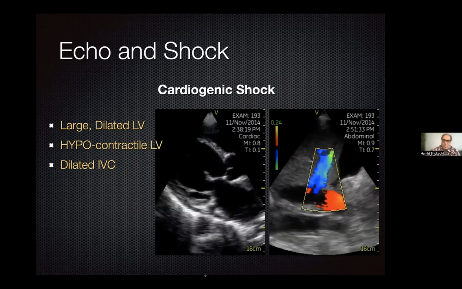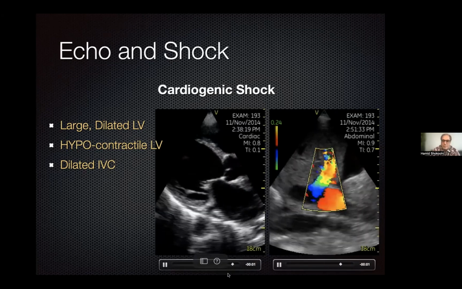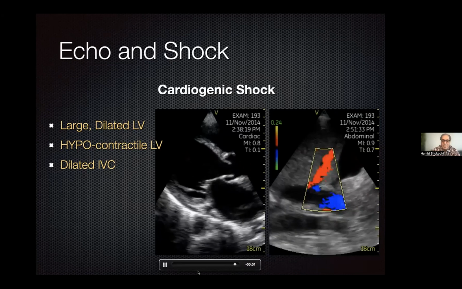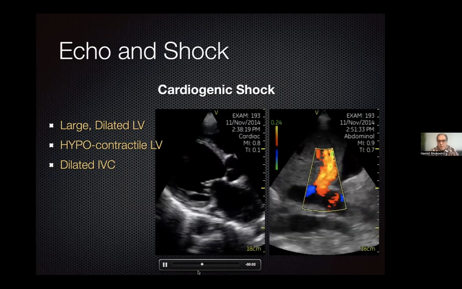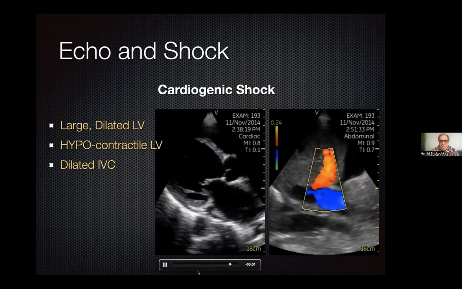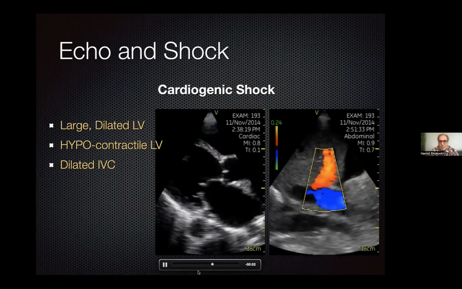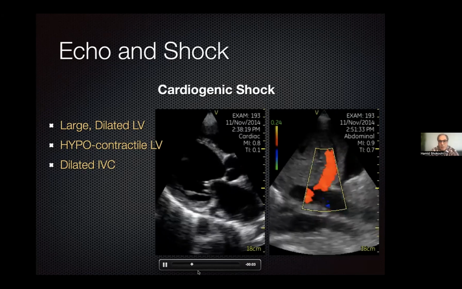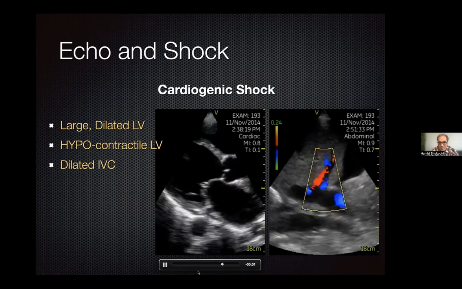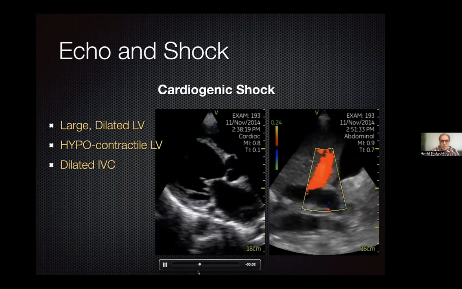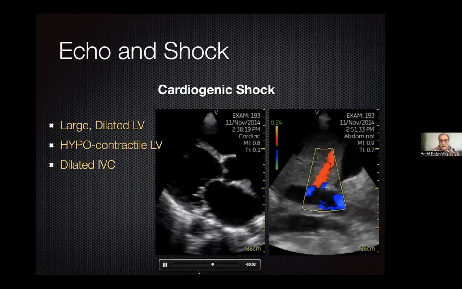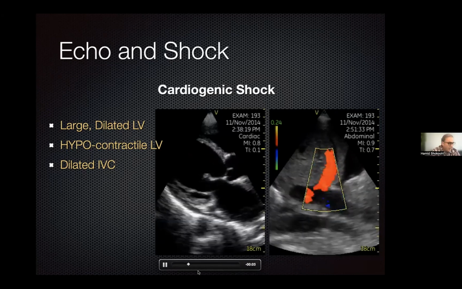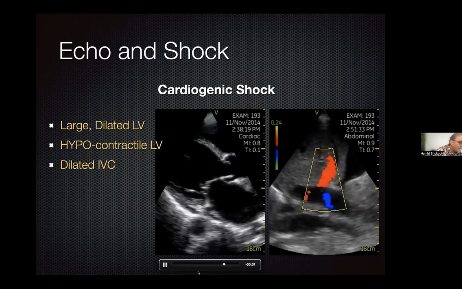You have a low ejection fraction for these cases, and that low ejection fraction causes low perfusion at the end. So in a patient with cardiogenic shock, what you see is, number one, a large dilated LV. Two, you see hypocontractility of the LV. And three, you see a dilated IVC also.